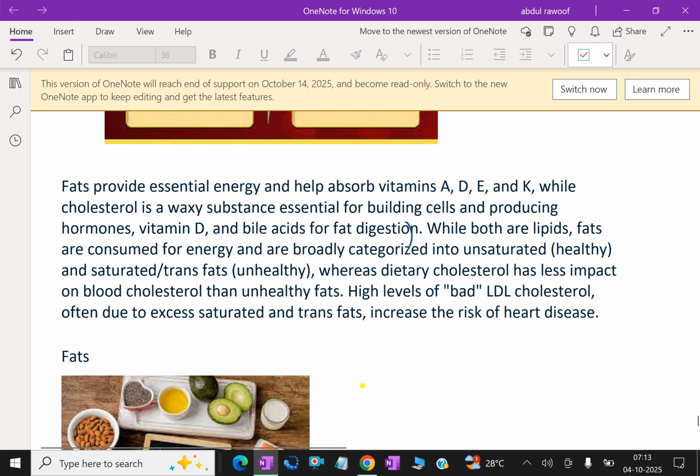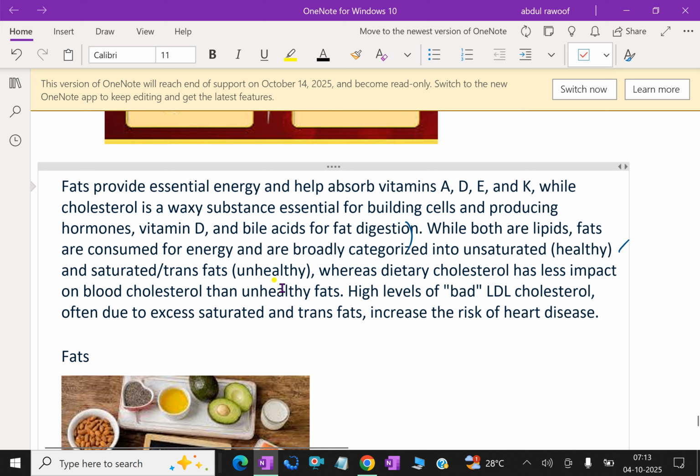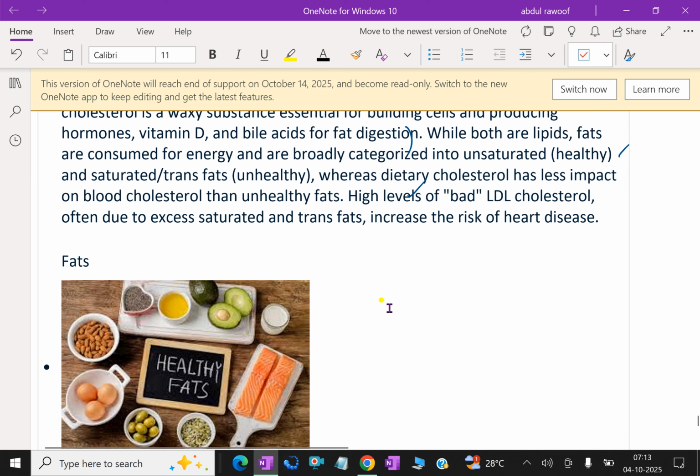While both are lipids, fats are consumed for energy and are broadly categorized into unsaturated, that is healthy, and saturated and trans fats, unhealthy. Dietary cholesterol has less impact on blood cholesterol than unhealthy fats. High levels of bad LDL cholesterol, often due to excess saturated and trans fats, increase the risk of heart diseases.